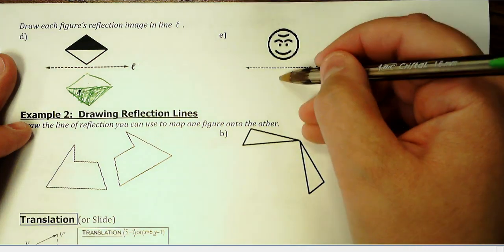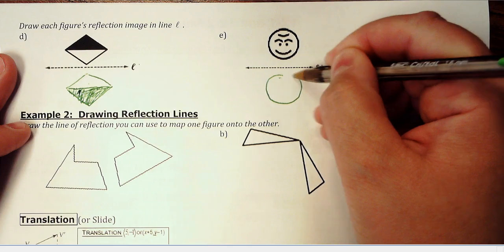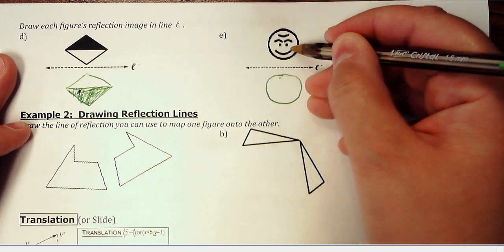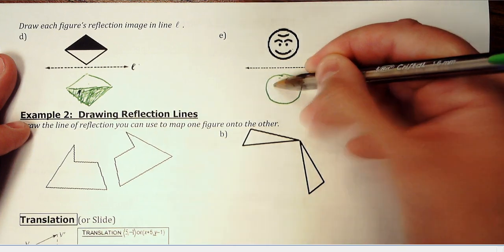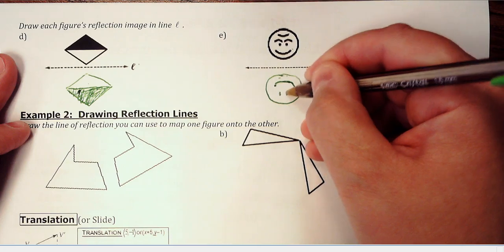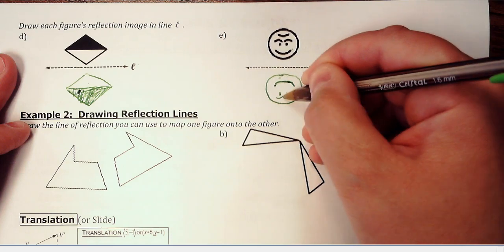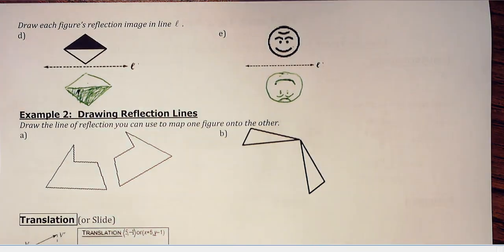Here I'm going to try to reflect the smiley face. This is going to be a little bit trickier. So here's the smile going this way, so on the reflection it would go upside down. I'm going to try to put the eyes kind of here, and not the best rendition, but you're just trying to sketch when you do this.